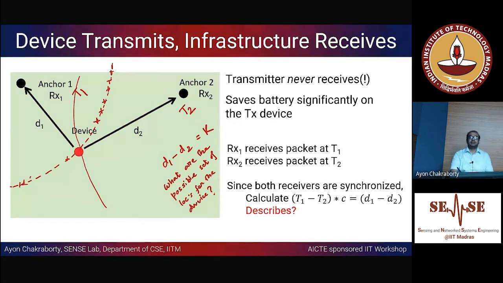Anybody want to answer? If D is constant, it's a circle. D1 minus D2 is constant, what is going to be the locus? This is like a +2 question, an 11th standard question. It's coordinate geometry, just recall. Anybody want to come forward and answer the question?